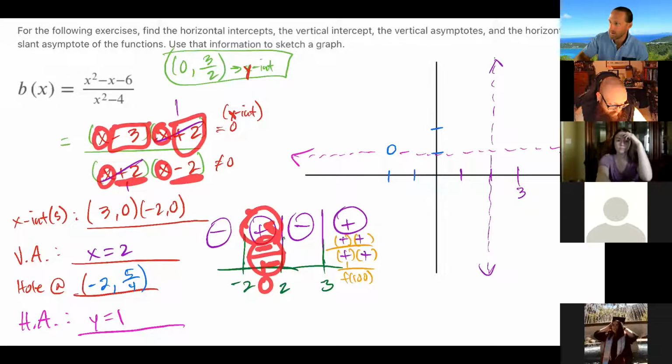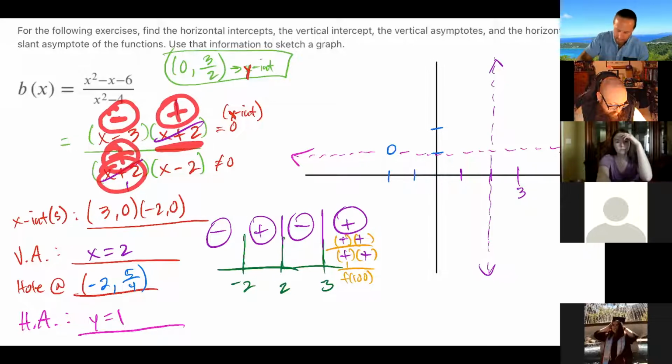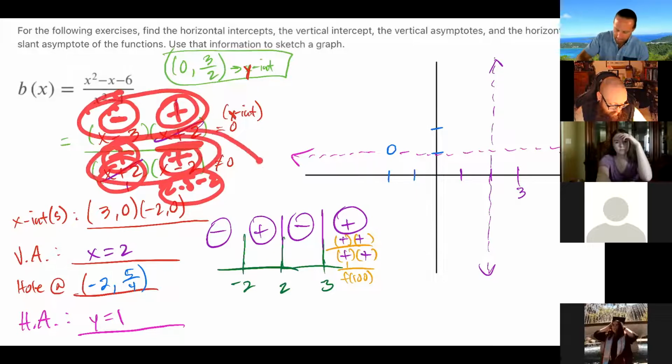Negative divided by negative. And again, we could test something like 2.5. 2.5 minus 3, negative. 2.5 plus 2, positive. 2.5 plus 2, positive again. And 2.5 minus 2, still positive. So you can see that a negative divided by a positive is negative.